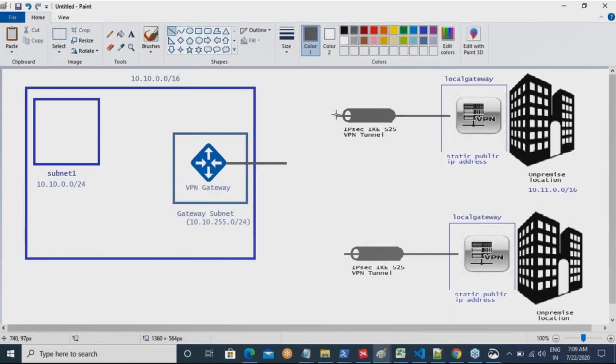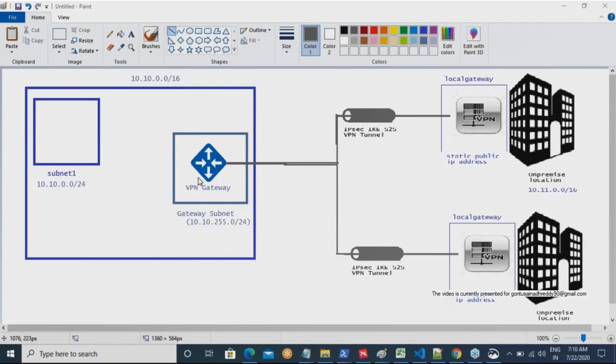In that case, even in that case, we can go and connect to your organization.